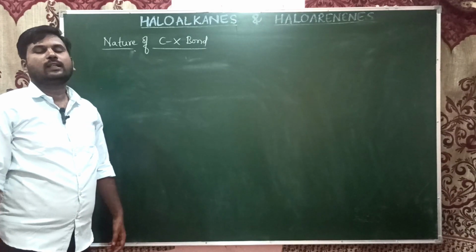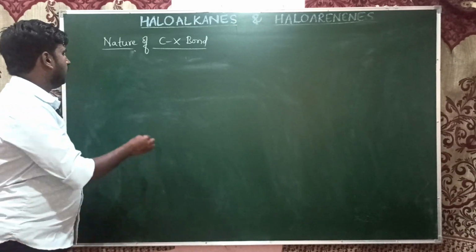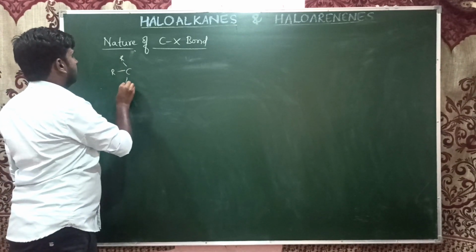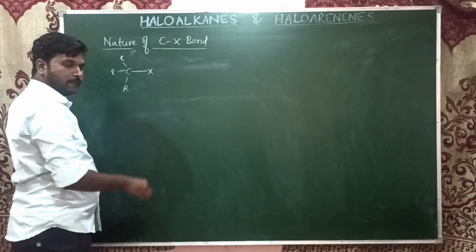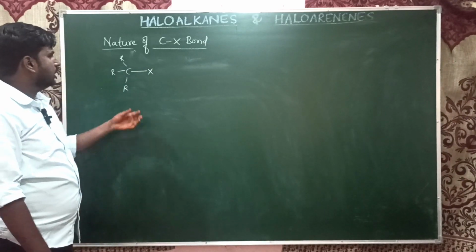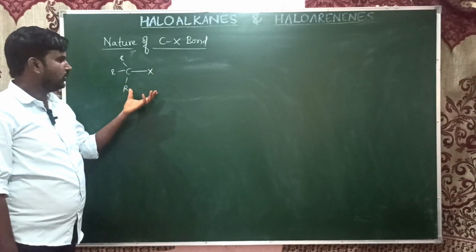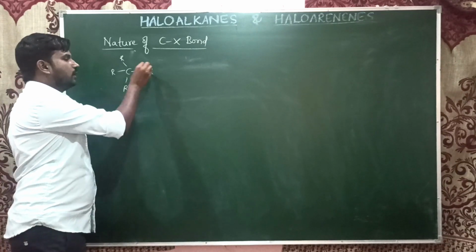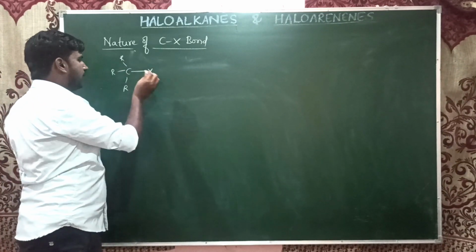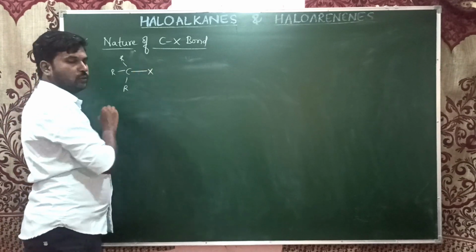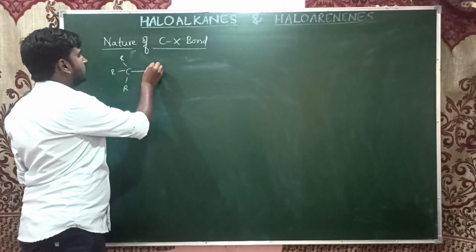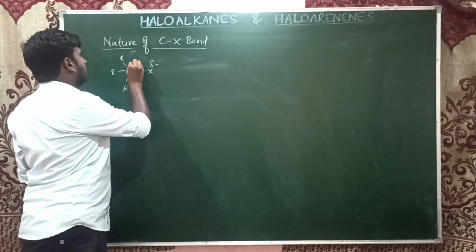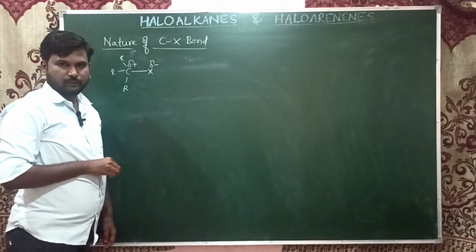Nature of the carbon halogen bonds. So in haloalkanes we usually find the carbon halogen bonds, and this bond is a covalent bond. Though it is a strong covalent bond, the halogen atom is a highly electronegative atom, so it pulls the electrons towards it. So this halogen gets the partial negative charge, and this carbon gets the partial positive charge.